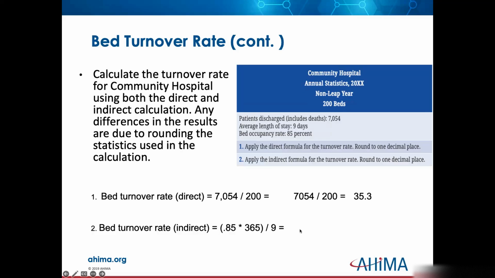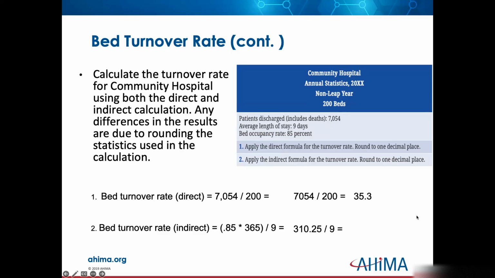With the indirect, okay, we have the occupancy rate times number of days divided by average length of stay. So 0.85 times 365, it is a non-leap year, divided by the 9 days.